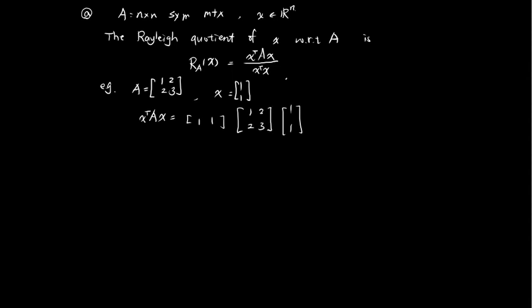So in this case, we are treating x as a column vector, a 2x1 matrix. Through some calculation, you will realize that it is equal to 8. But this 8 is actually a 1 by 1 matrix.